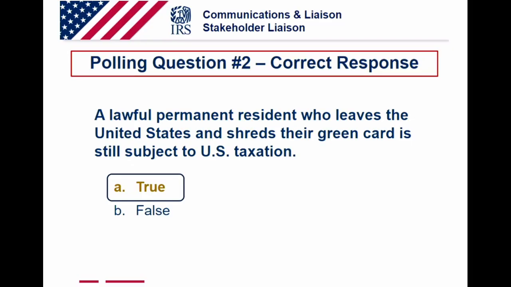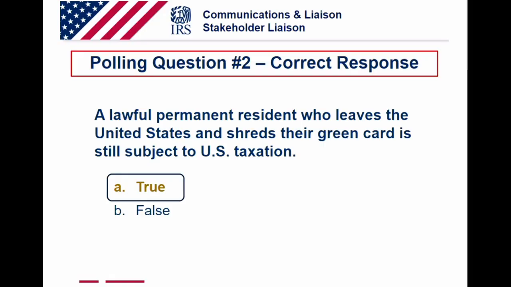Emma, it looks like you're continuing our discussion on the lawful permanent resident status. I'll turn it over to you. That's correct. A green card holder's U.S. tax status continues until their lawful permanent resident status is determined to have been rescinded or abandoned under U.S. immigration law.